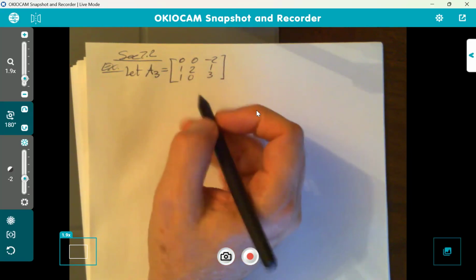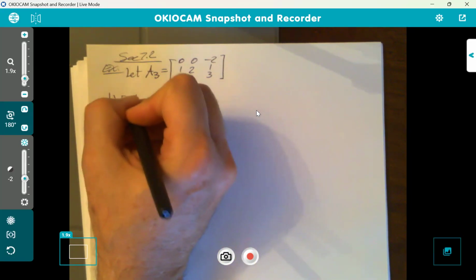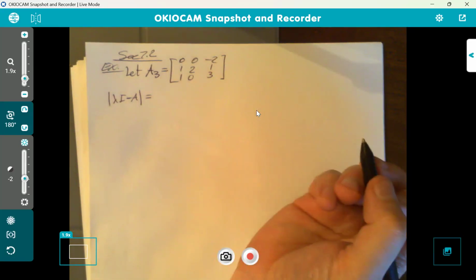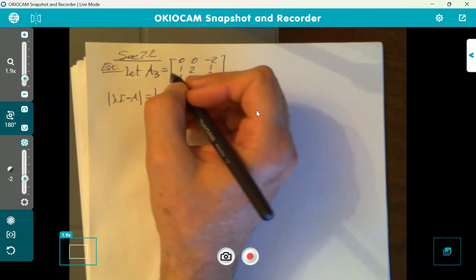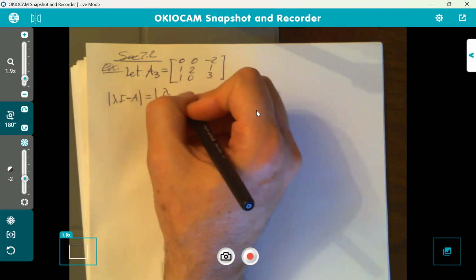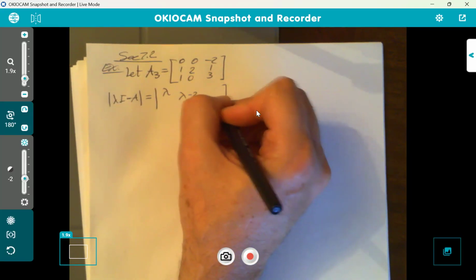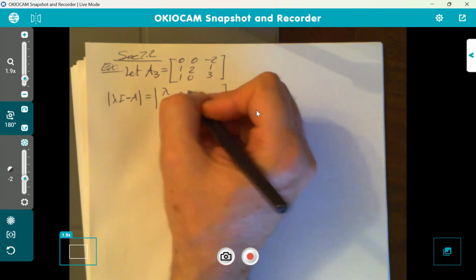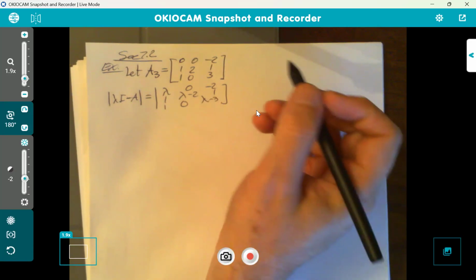For this one, the characteristic equation would be λI − A or A − λI. Remember, it doesn't matter. Your book goes λI − A, so I did the same thing. This one's going to be λ − 2, λ − 3 for the diagonal. Off diagonals of A, what are going to change? 0, negative 2, 1, 1, 1, 0.